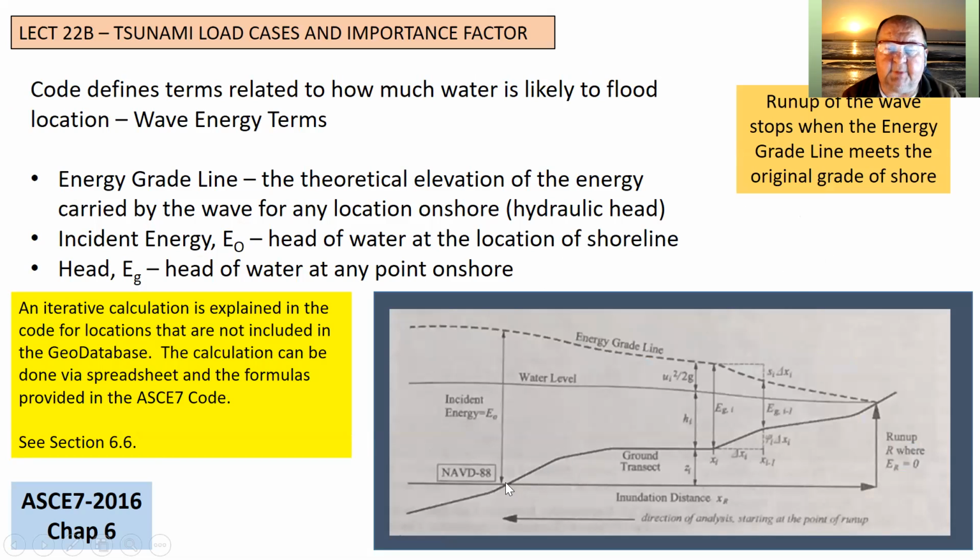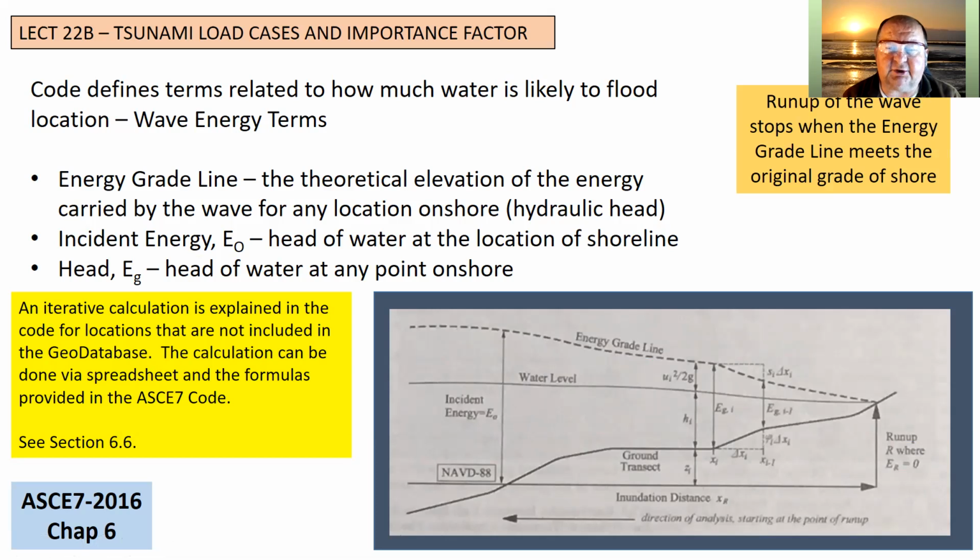So here's my inundation distance. Here's my run-up elevation. But the reality is that the tsunami wave is a dynamic event. There's a certain water level, but the energy that that water is carrying produces what's known as this energy grade line. The faster the water moves, the more energy it contains.